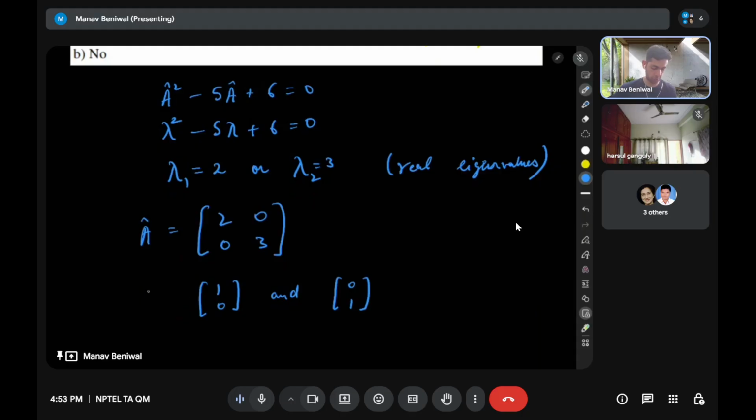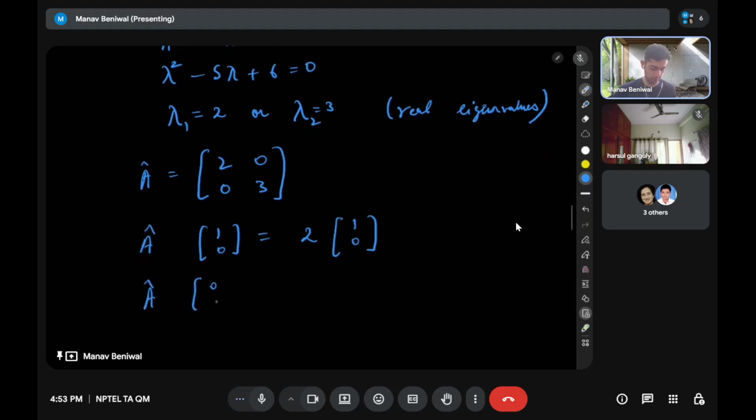Basically, if you operate A on this vector, we'll get 2 times the same thing, and if you operate A on this vector, we'll get 3 times the same thing. So these are eigenvalues and these are eigenvectors. Also you can see that if we take the adjoint of this matrix, it will be the same, because we only have real numbers inside, there is no imaginary part. So this is Hermitian.